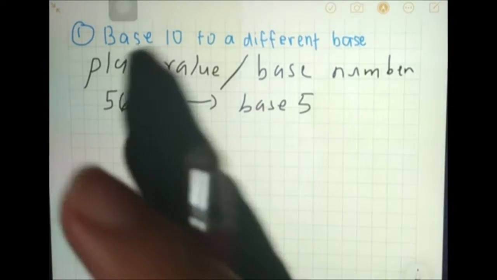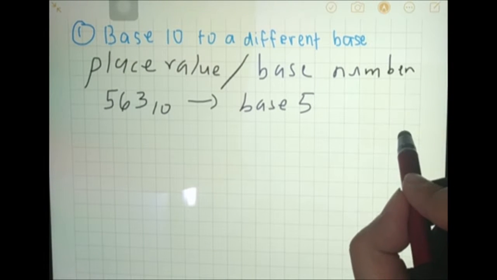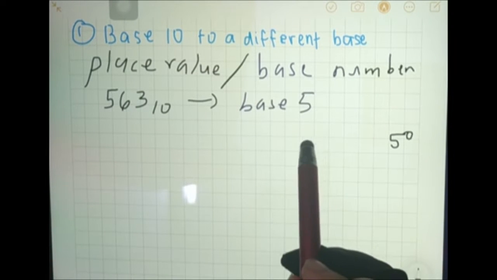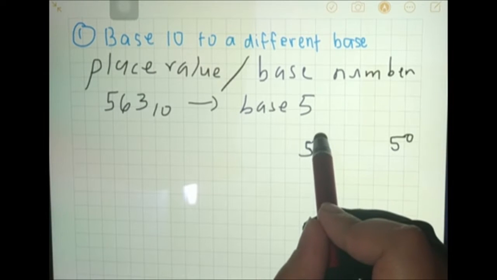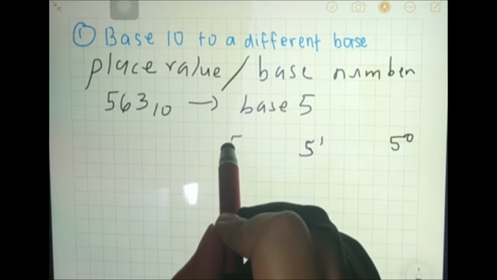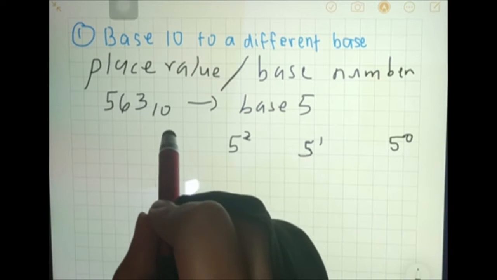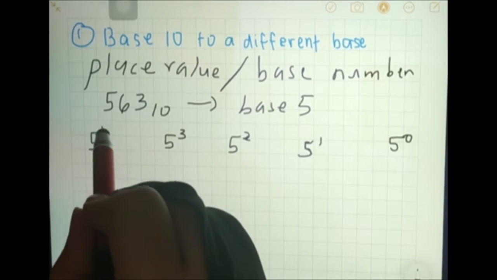So we start from the right to the left. 5 to the power of 0, 5 to the power of 1, 5 to the power of 2, 5 to the power of 3, and 5 to the power of 4.